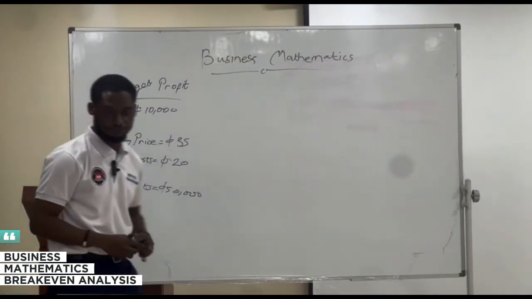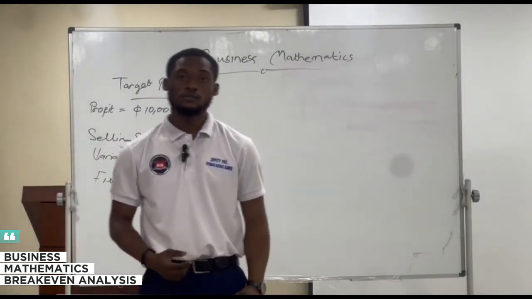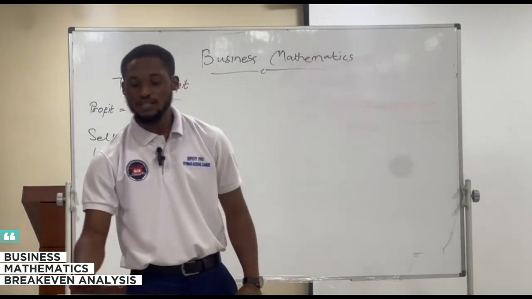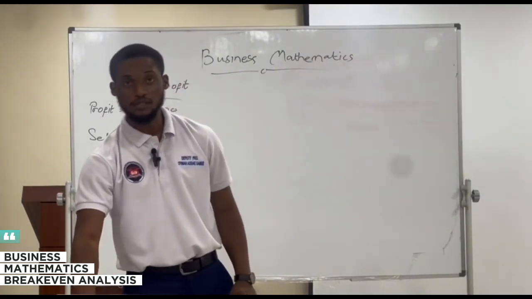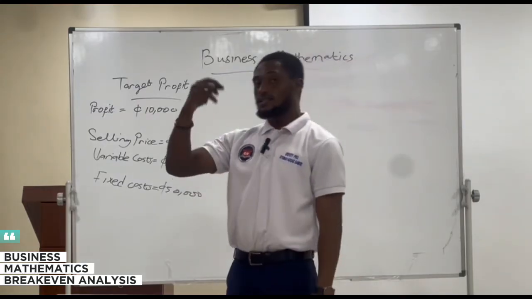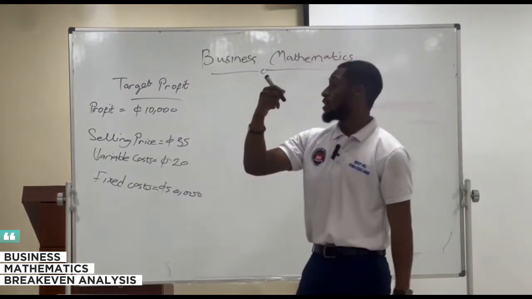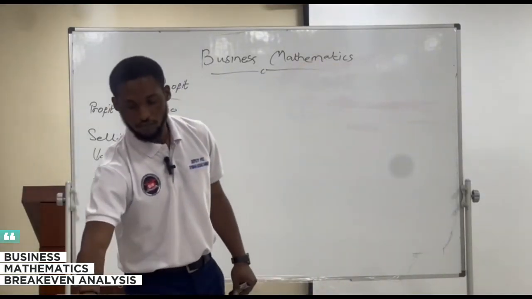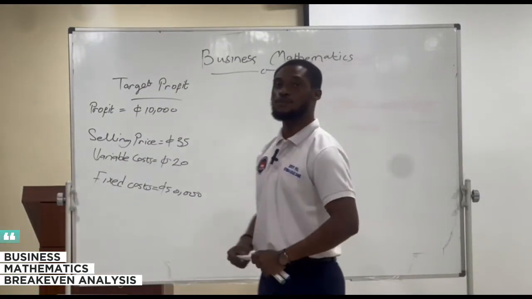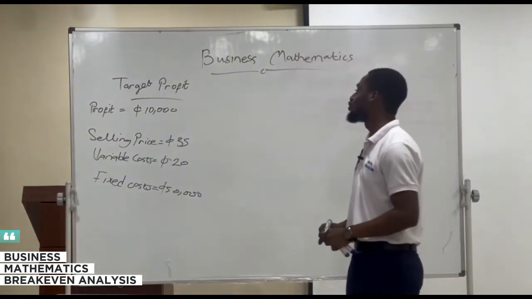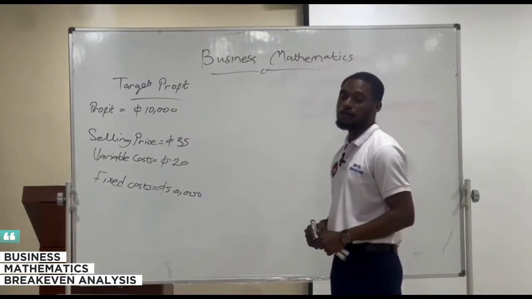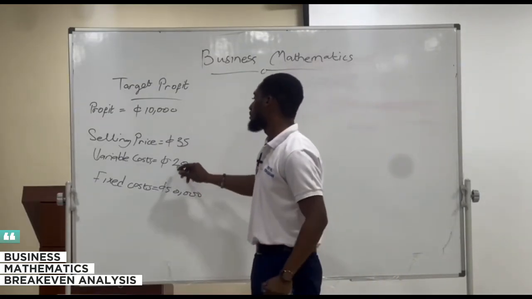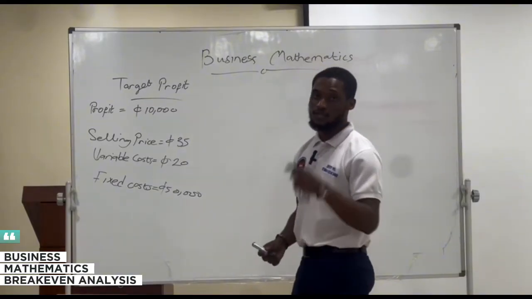So now we move on to calculate for our targeted profit. It says calculate the level of sales required to generate a profit. So we are calculating the sales that we are going to incur to get our profit. So what do you have to do first? We have to find our contribution by subtracting the variable cost from the selling price as we did earlier on.